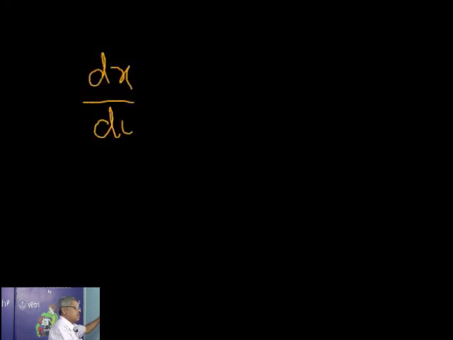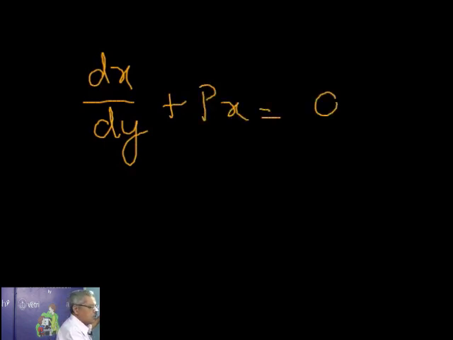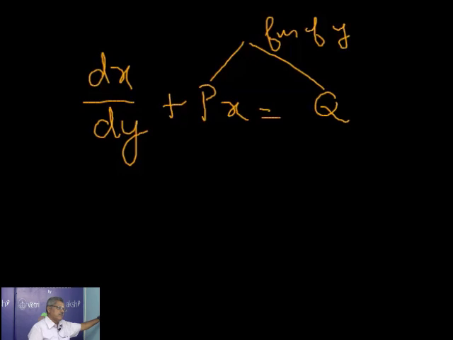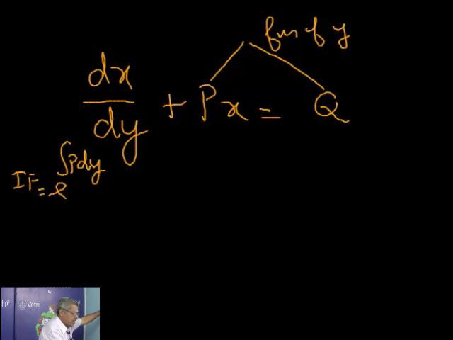Suppose you have linear in x, dx by dy plus px is equal to q, where p and q are functions of y or constants. Y means the independent variable. The integrating factor is e power integral p dy, where p is a function of y, which we can integrate.